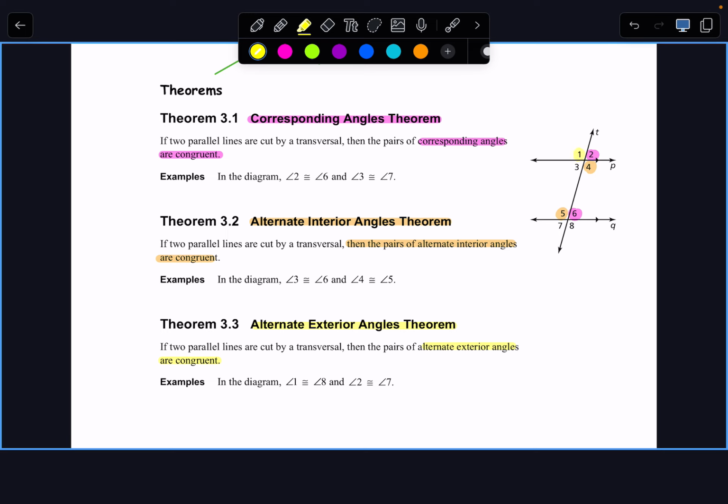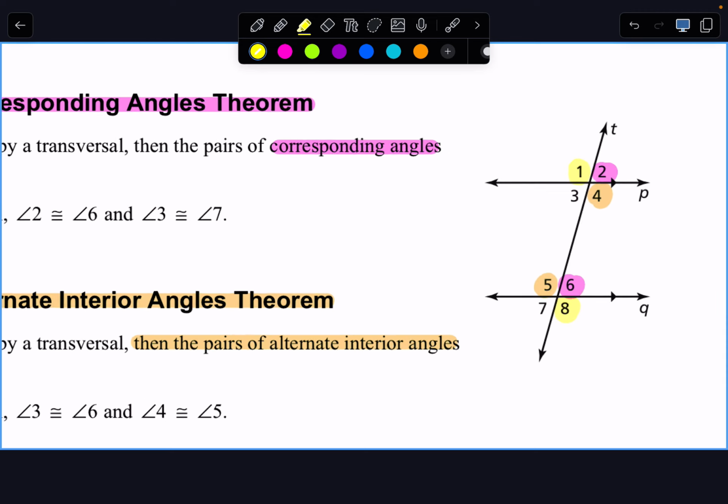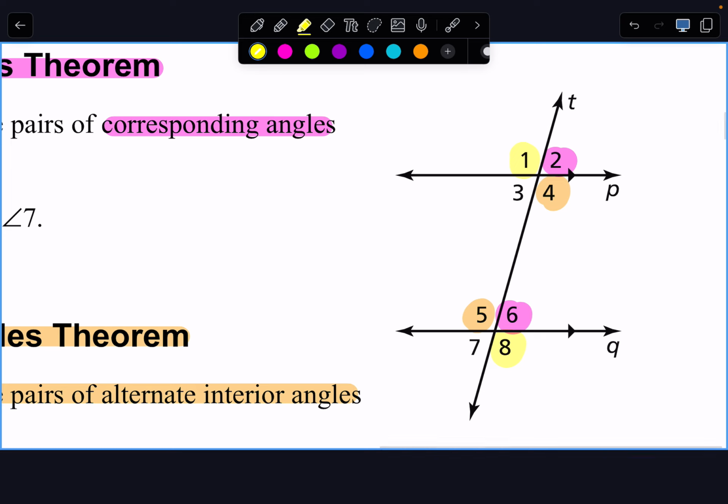So angles 1 and 8 are alternate exterior angles. Since we have parallel lines, they are congruent. What's the other pair? 2 and 7. Huh. It's interesting.